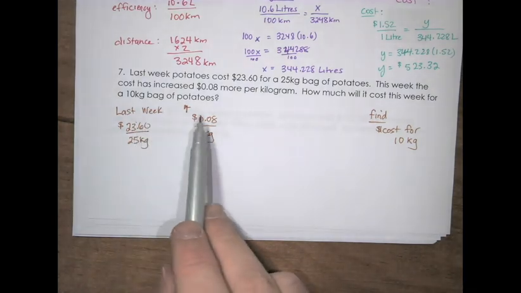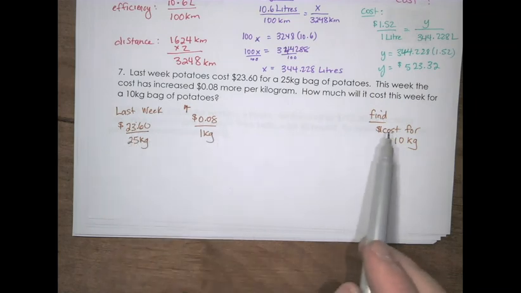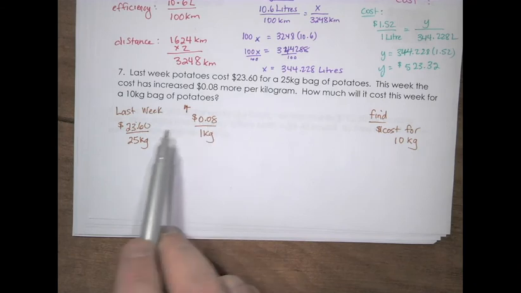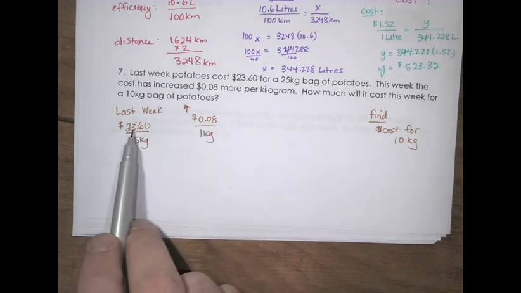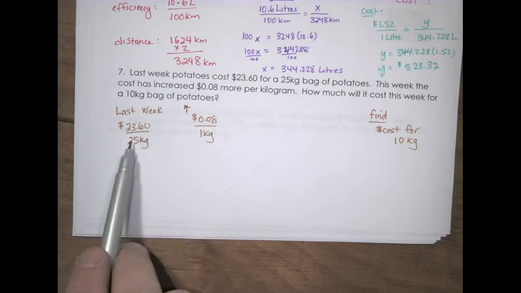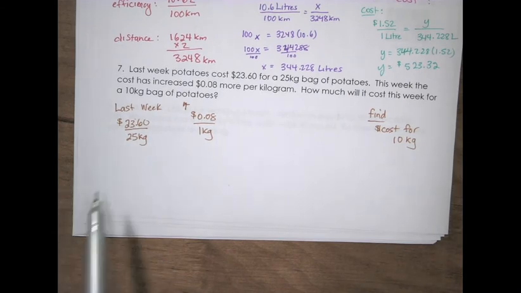So we look at that. Now, the nice thing is, we are using the same type of fractions. Most people would say that should be just 23.68. No, not quite right, because this quantity is based on 25 kilograms.